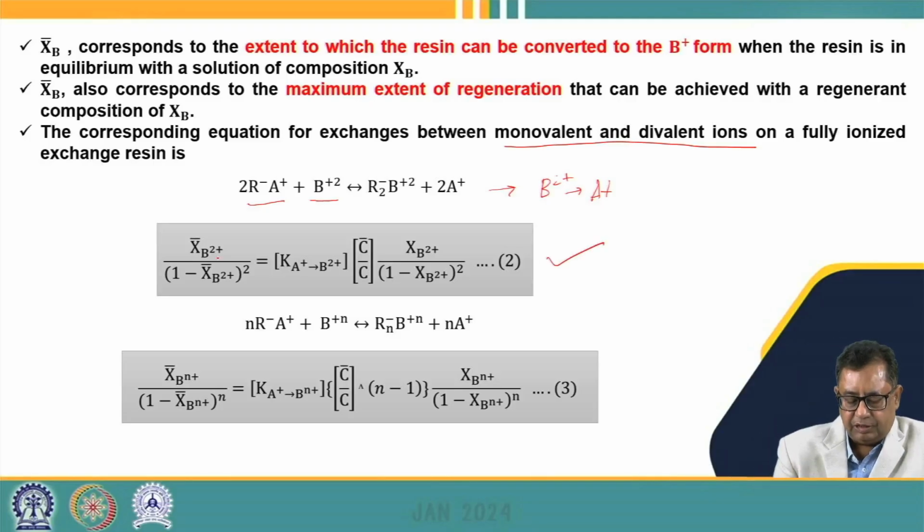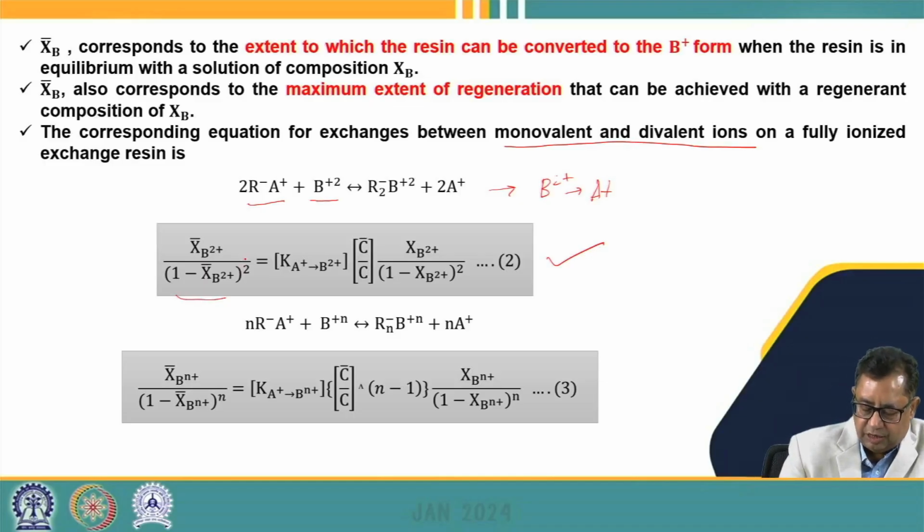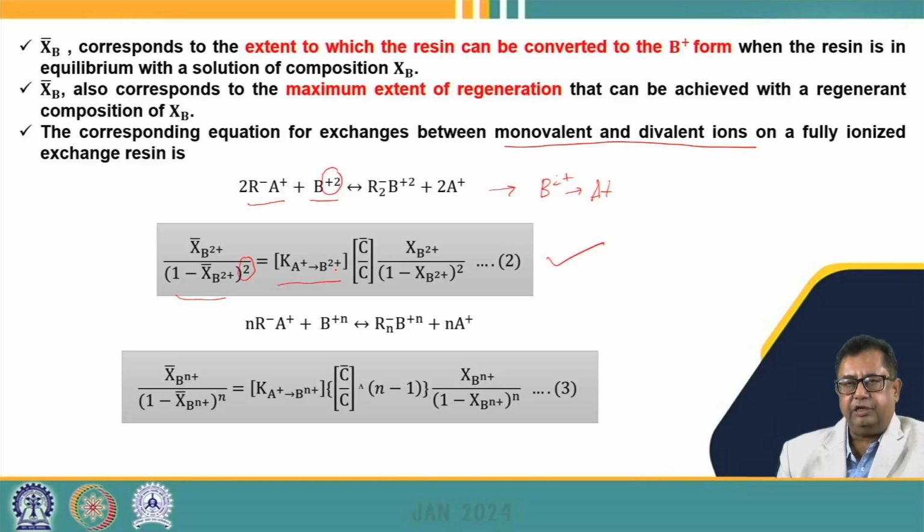For example, here x bar b2 plus divided by 1 minus x bar b2 plus is the fraction of the B 2 plus present on the resin. The square term comes here because we have a square term in this case, right? And similarly, the selectivity coefficient for the reaction times C bar divided by C will come here.